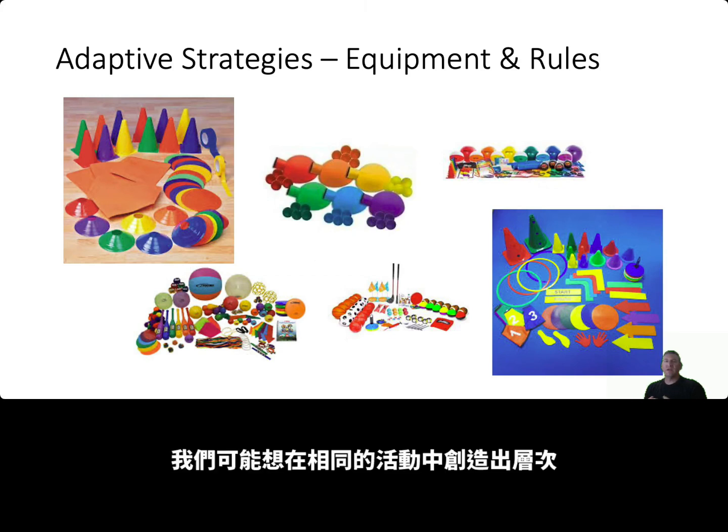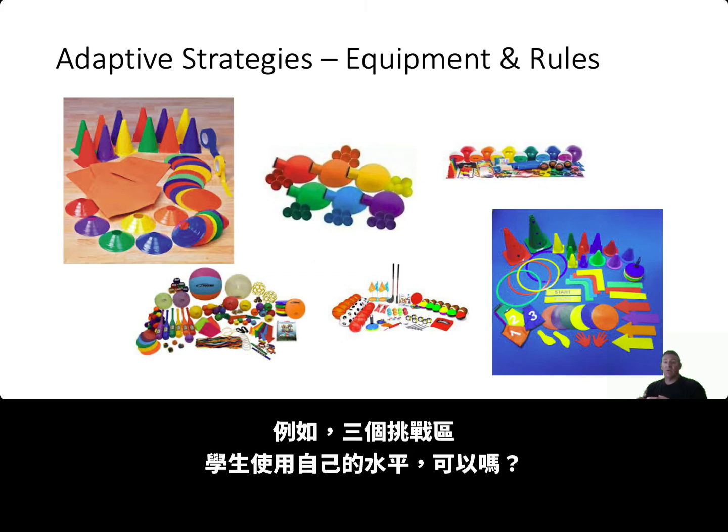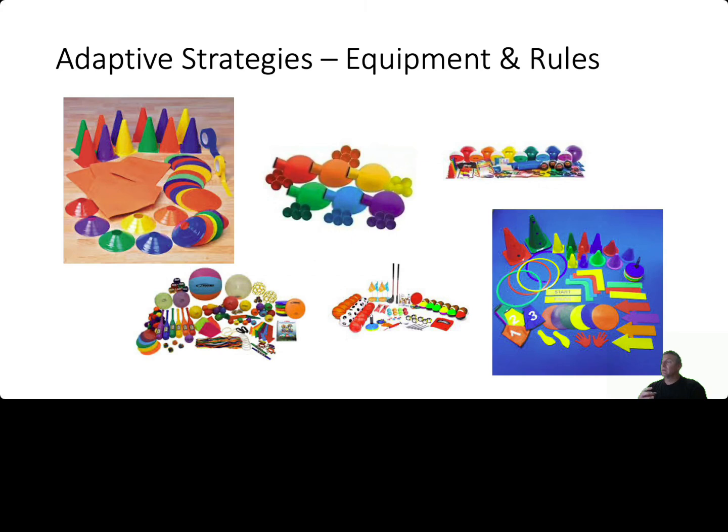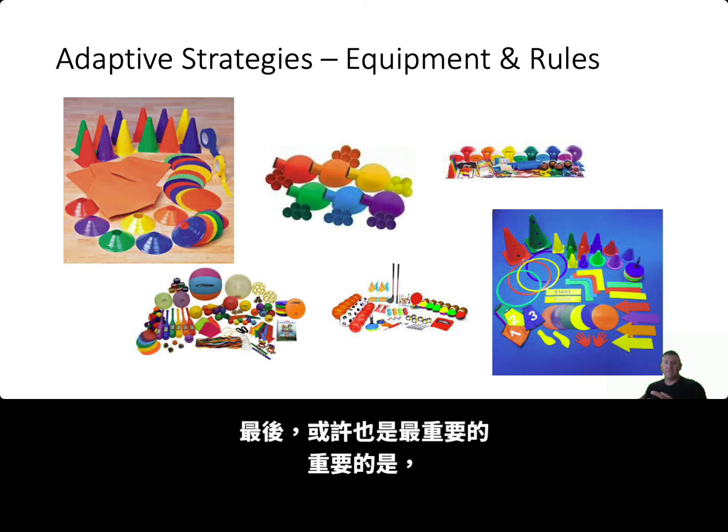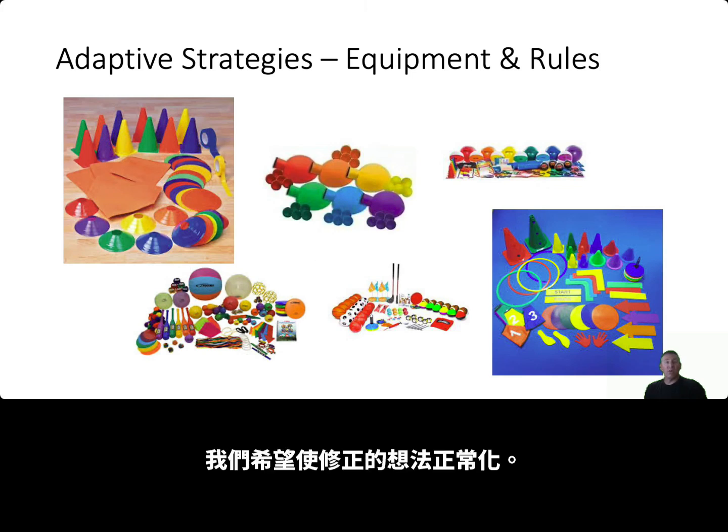We might want to create tiers within the same activity. For example, 3 challenge zones where students use their own level: easy, moderate, and difficult. And finally, and probably most importantly, we're looking to normalize the idea of modifications.